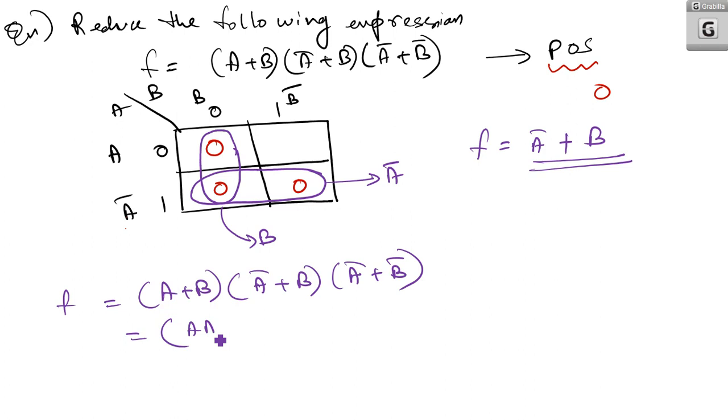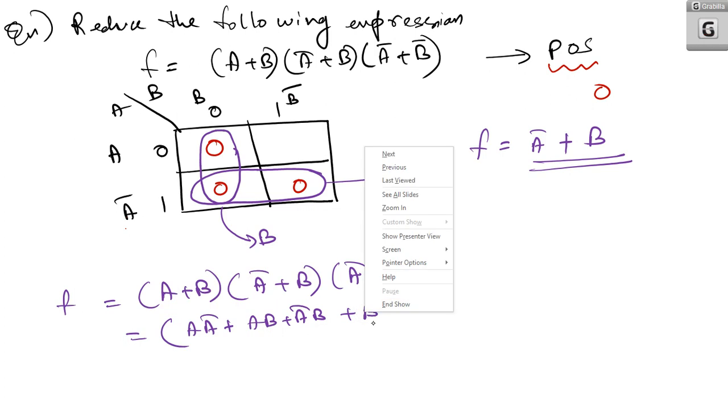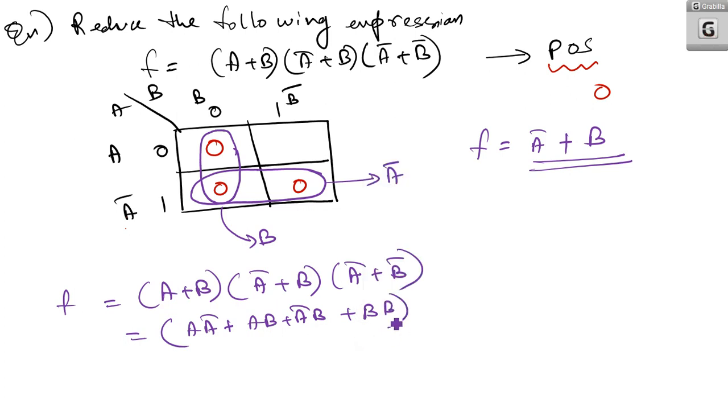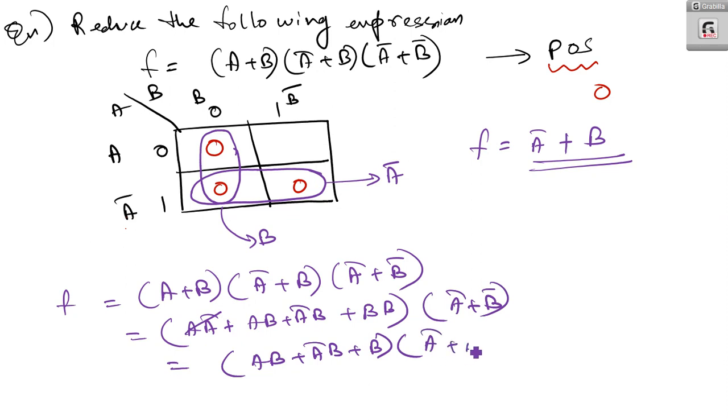You will get A bar A, or A B, or A bar B, or BB, and A bar or B bar. A bar A is 0. So here what we get is AB or A bar B or B, and A bar or B bar.